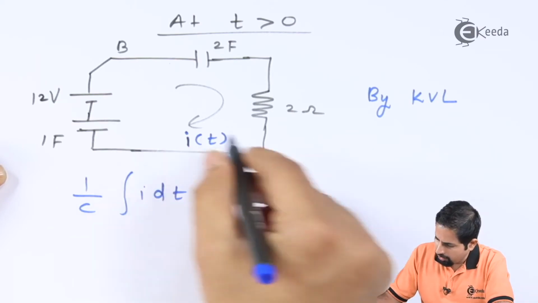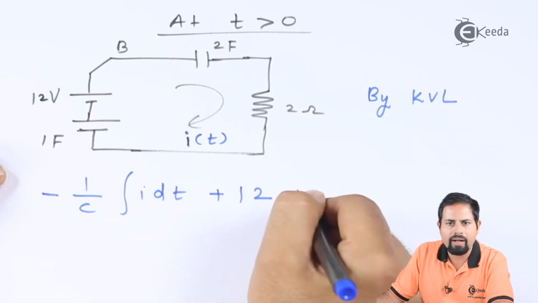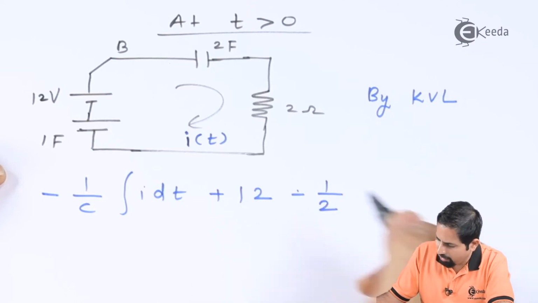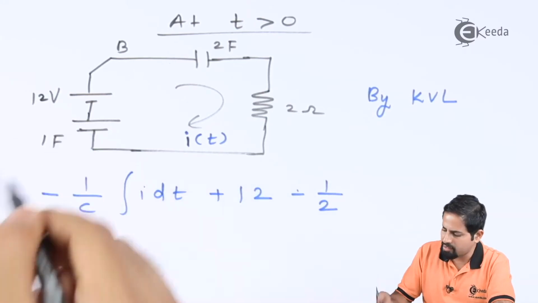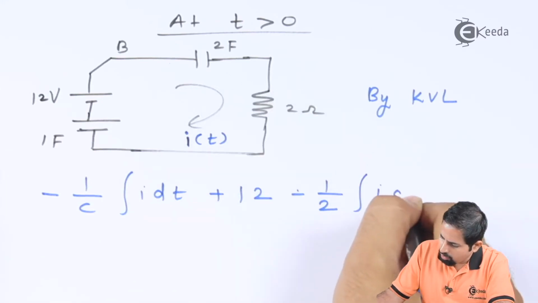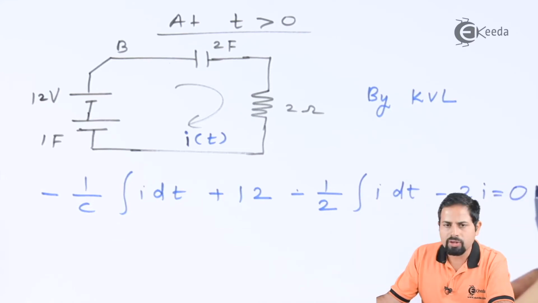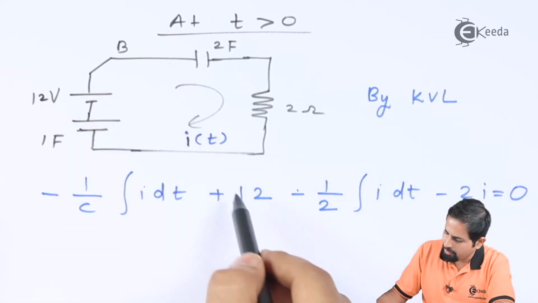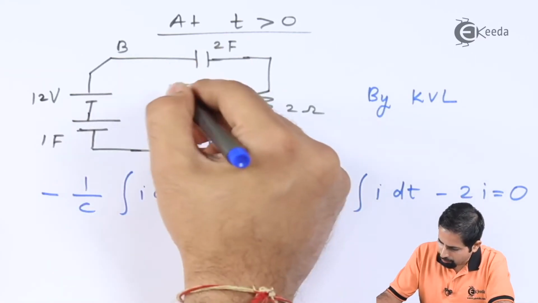Here there will be minus, and here also minus. Then 1 by this another capacitance, that is 2 farad, so 1 by 2 integration of I dt, minus 2 into R equal to 0. Let's take it once again. This is minus 1 by C I dt, correct? Then this is also plus 12 because we are going from minus to plus. This is our path.